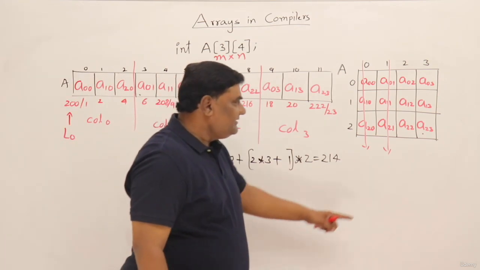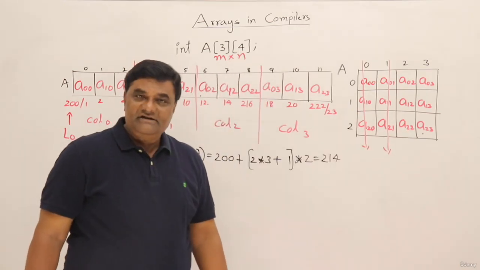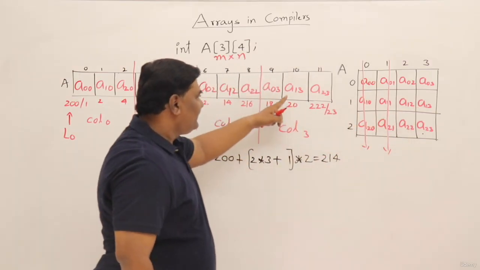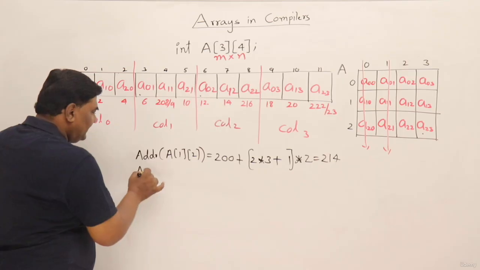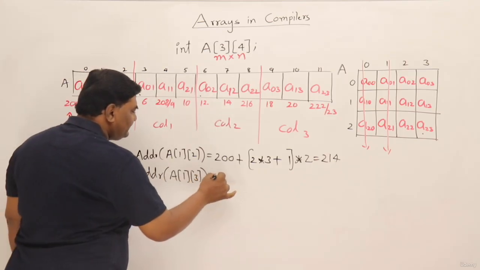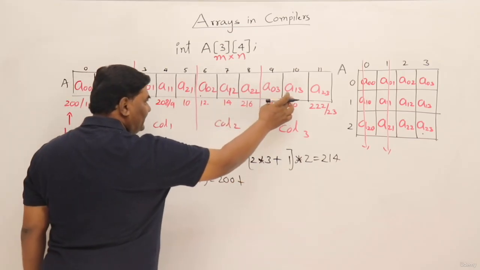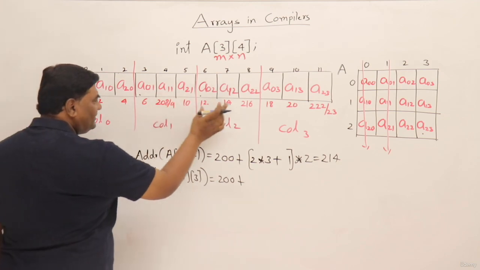Now let us take one more element, A of 1, 3. 1, 3 is here. So how to get the address of that one? The address of A of 1, 3 is 200 plus. Now I have to skip how many columns? I should go to the third column, so skip the 0th, first and second columns.